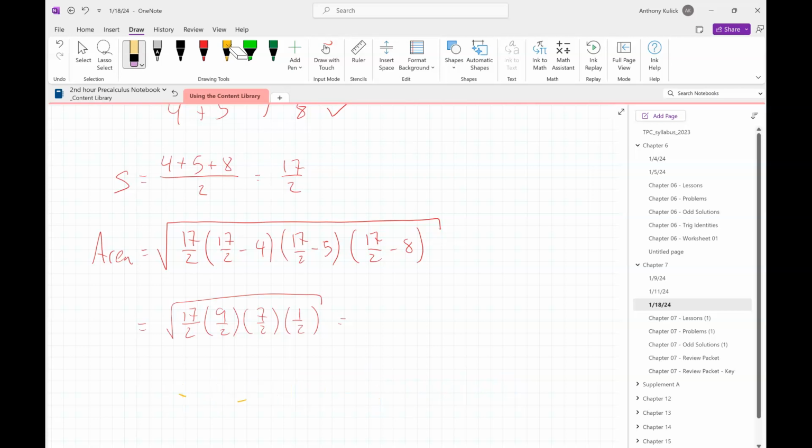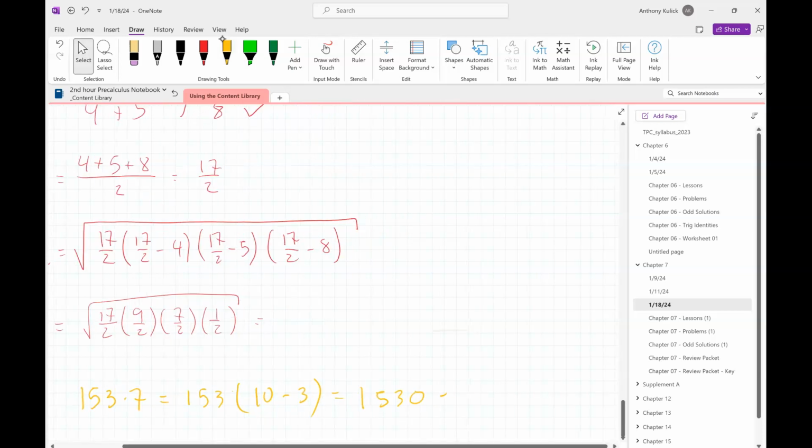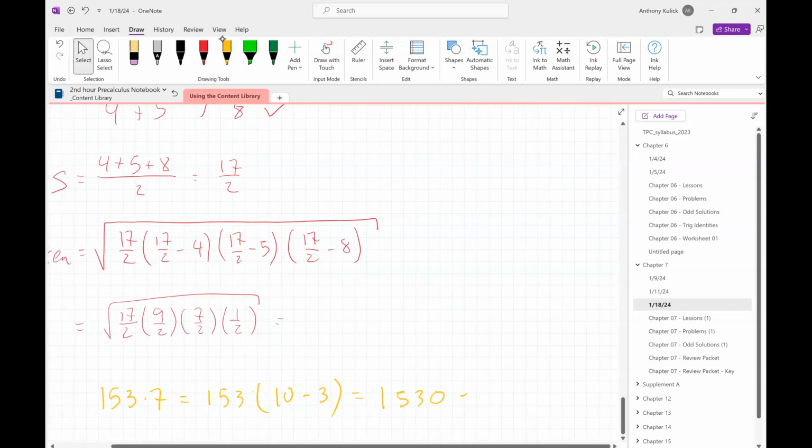So 153 times 7, how am I going to do that? Same way. It's a little harder. 3 times 153 is 153 plus 153 plus 153, so it should be 459.